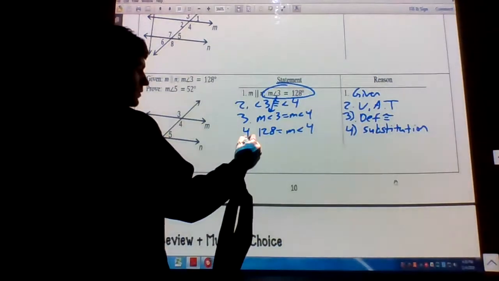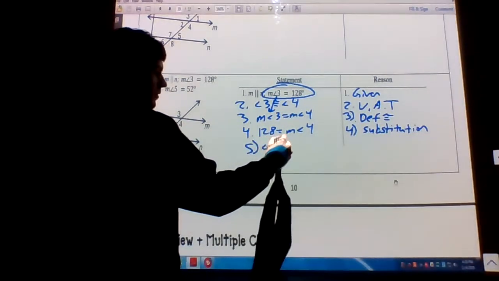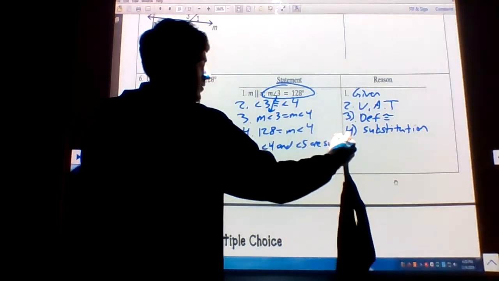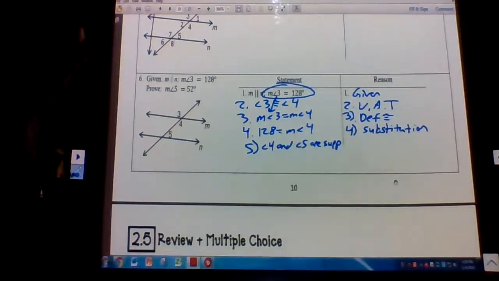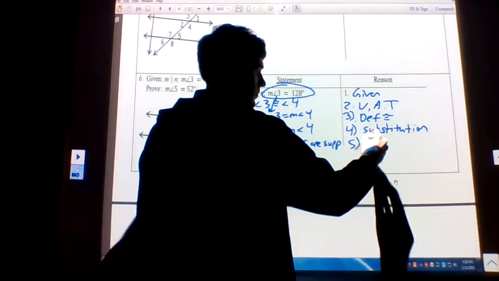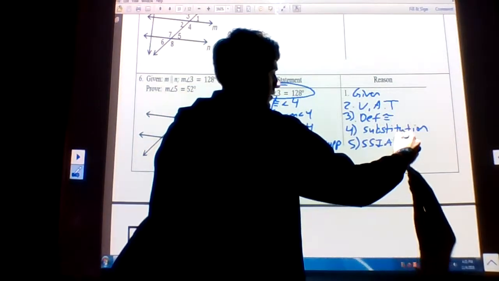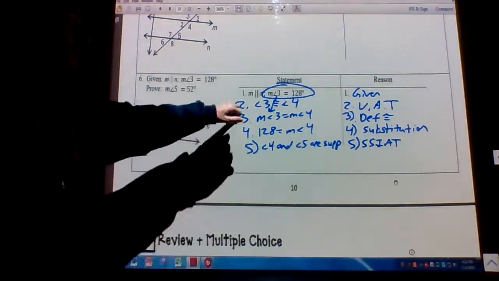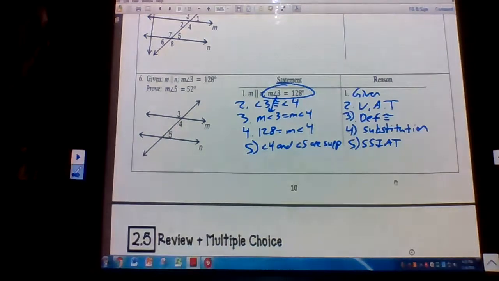So we know 4 and 5 are supplementary. We know they're supplementary because of the same side interior angle theorem, which tells us if the lines are parallel, then the same side interior angles are supplementary.